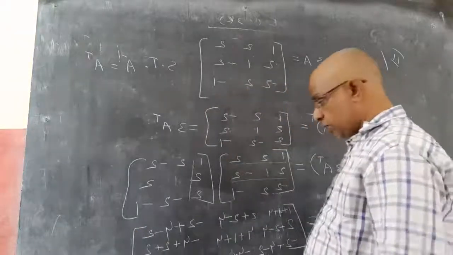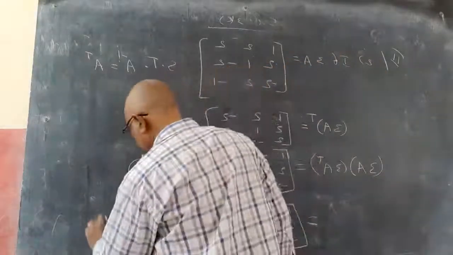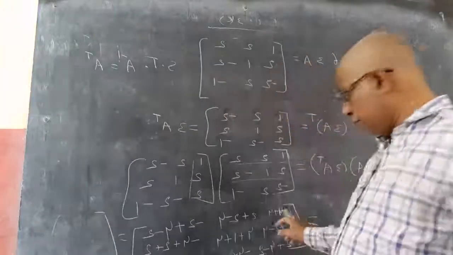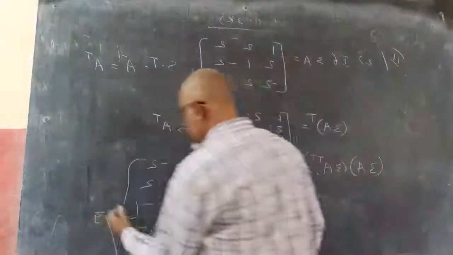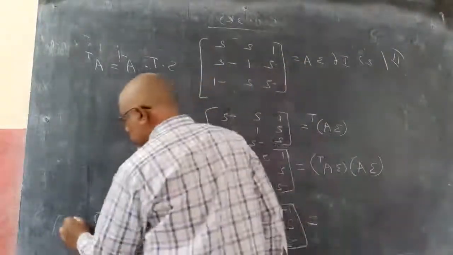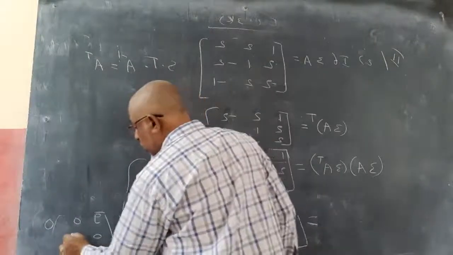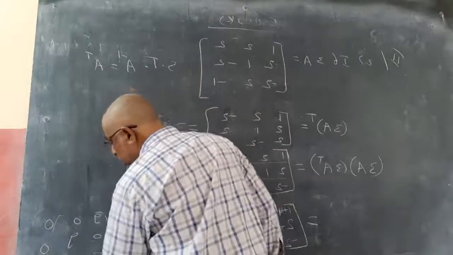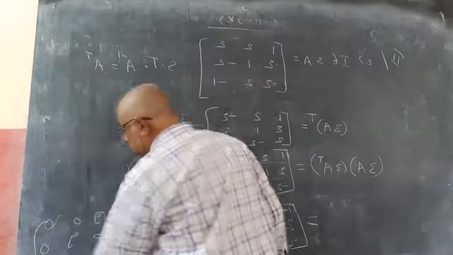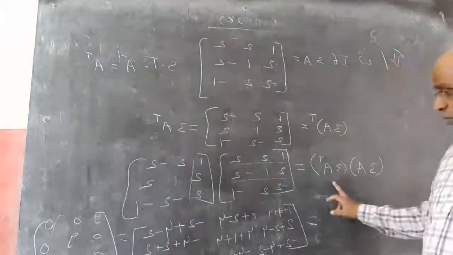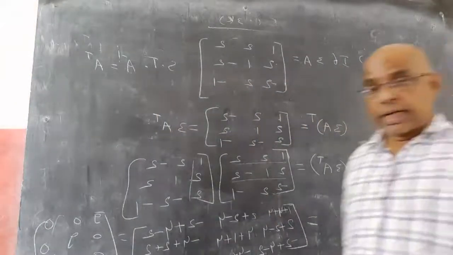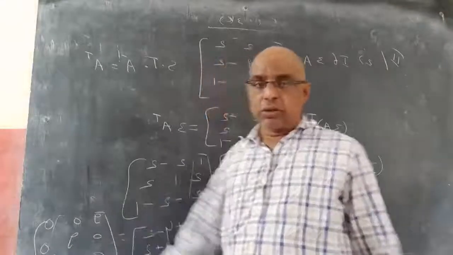So finally what we got is 9, 0, 0; 0, 9, 0; 0, 0, 9. So 3A into 3A transpose equals 9, 0, 0, 0, 9, 0, 0, 0, 9.